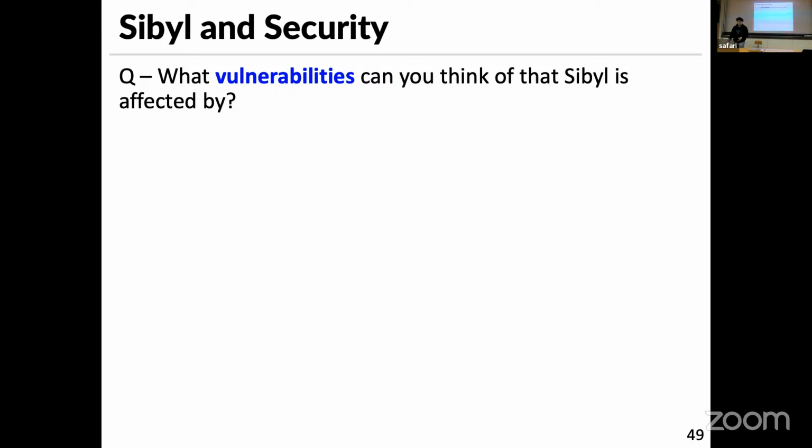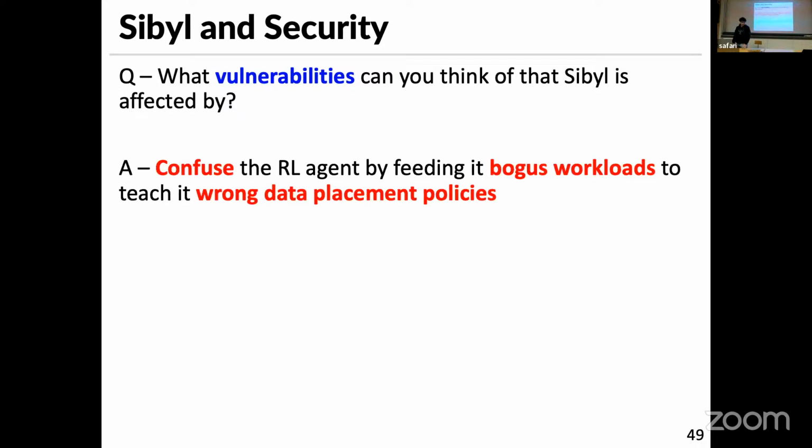Okay, then I guess your solution was pretty good. So the idea would be you could confuse the RL agent by feeding it bogus workloads and bogus patterns. Maybe 2 out of 3 workloads are just completely random and make no sense, and that way you could have a performance impact.